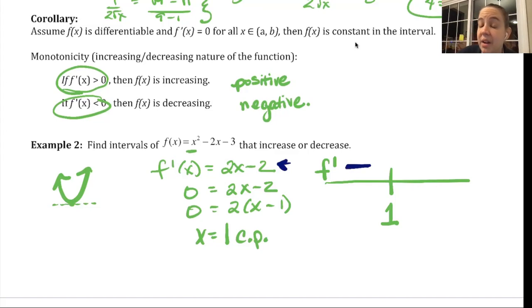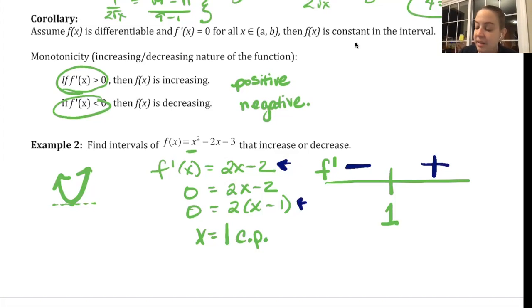Then to the right-hand side of 1, we need a value that's bigger than 1. Again, you could use 1.1, but we usually just use integers for these if we can. So we go to 2. So if I put 2 into here, 2 times 2 is 4. 4 minus 2 is 2. It's positive. You can also use the factored version. That's kind of nice too.